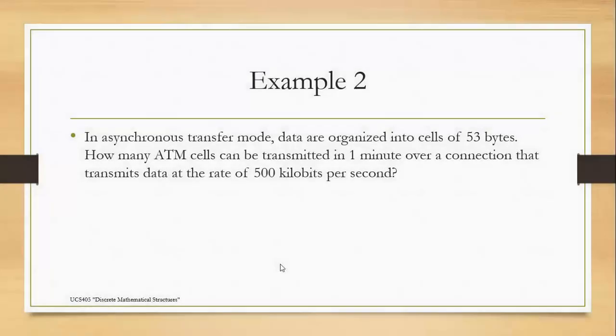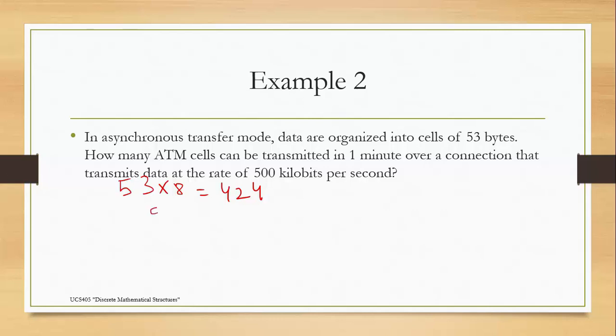Another example: in asynchronous transfer mode, data are organized into cells of 53 bytes. So 53 bytes means 53 into 8, that is 424 bits. How many ATM cells can be transmitted in 1 minute over a connection that transmits data at the rate of 500 kilobits per second?